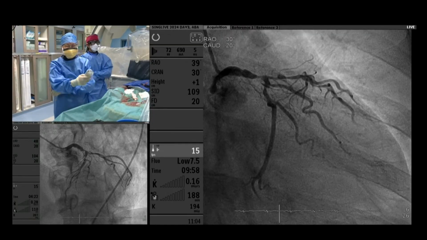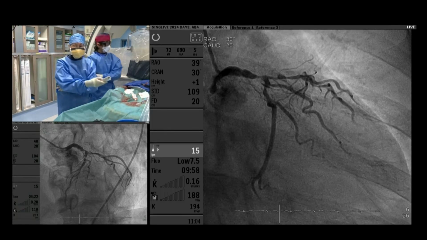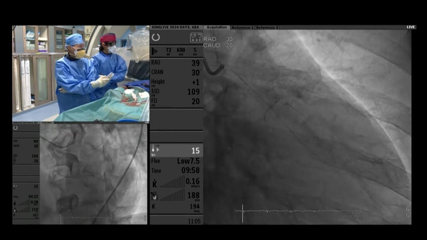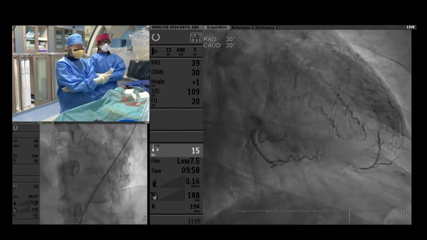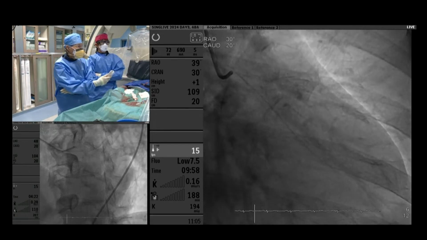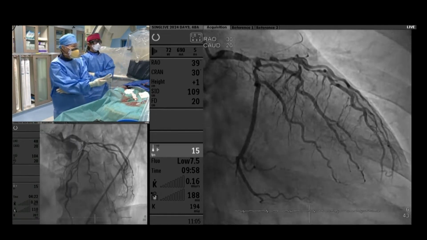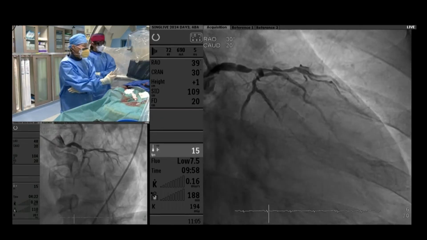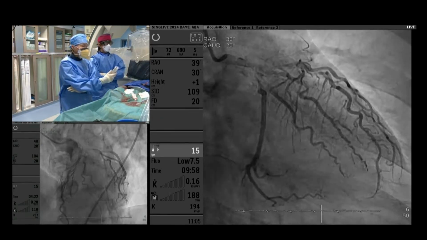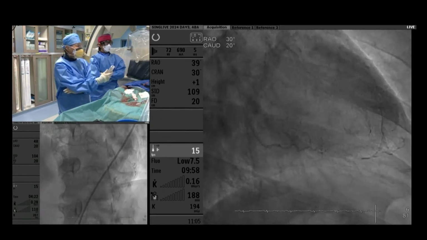This one actually was done previously when he first came in. So this is a diagnostic angio, not done today. This is the original angio when he first came in. You can see the very tight distal left main. Circ doesn't seem to be involved. The ostium of circ doesn't seem to be involved.